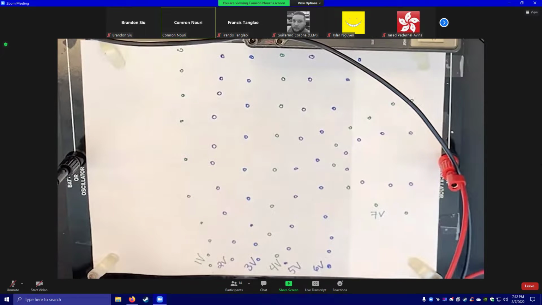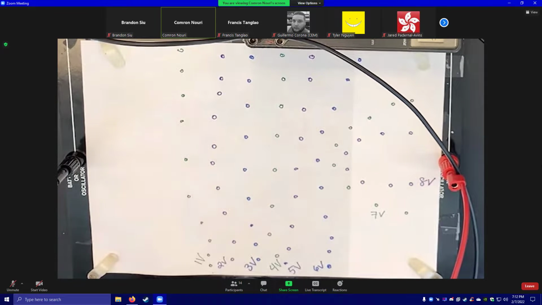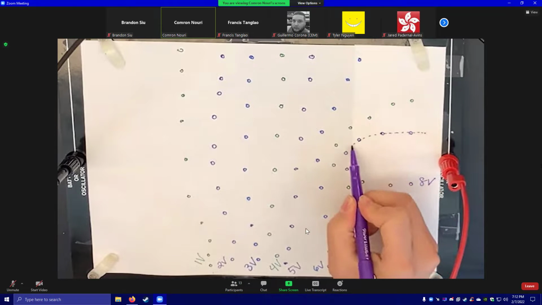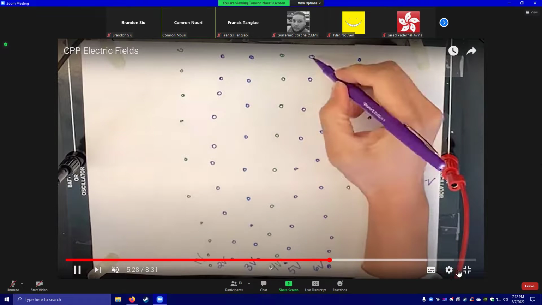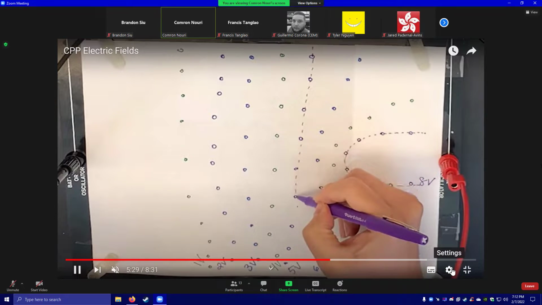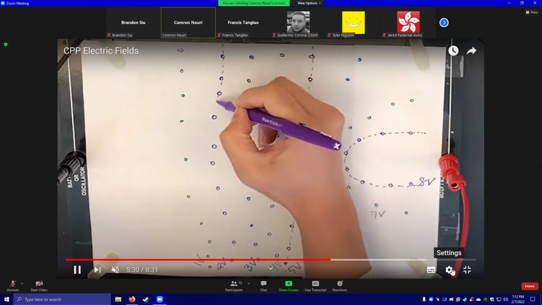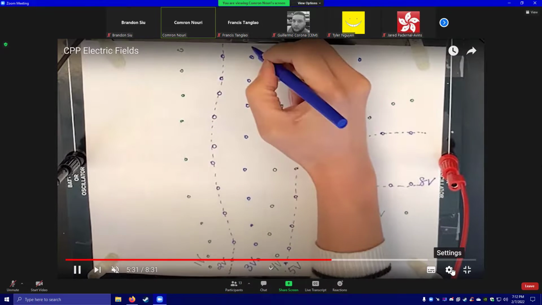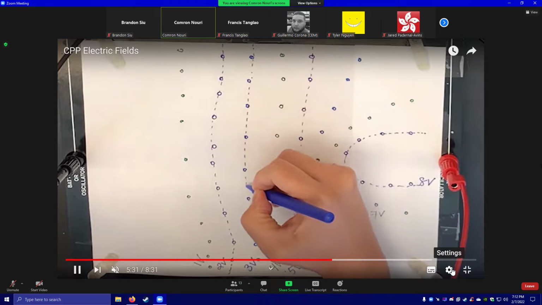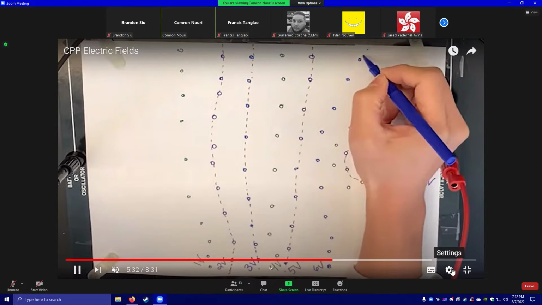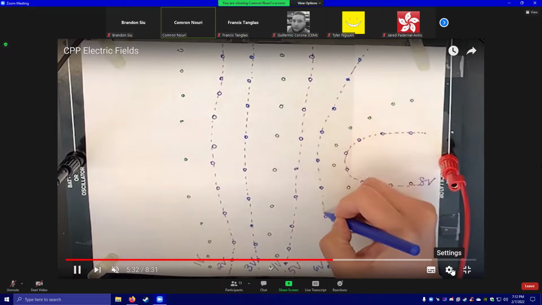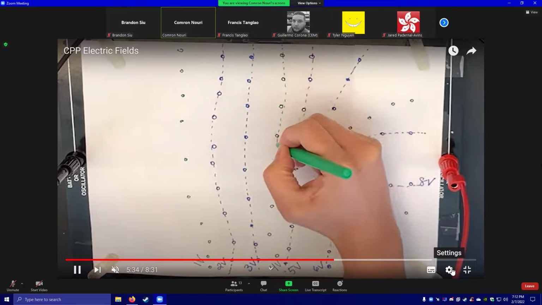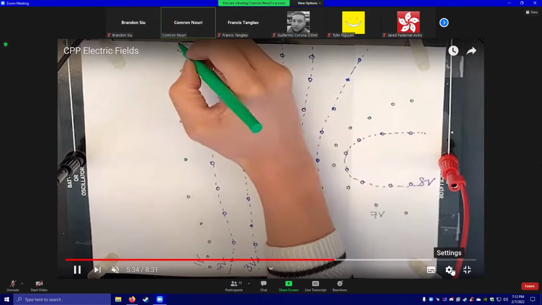All right. Now she's going to draw the lines again. 8 volt. This is 5 volt, 2 volt, 3, and 6. 4, and 1.